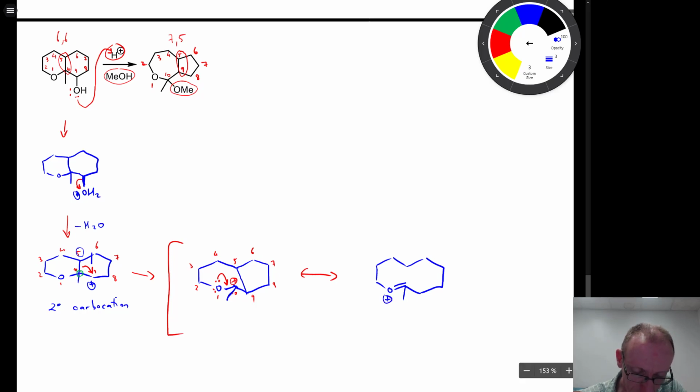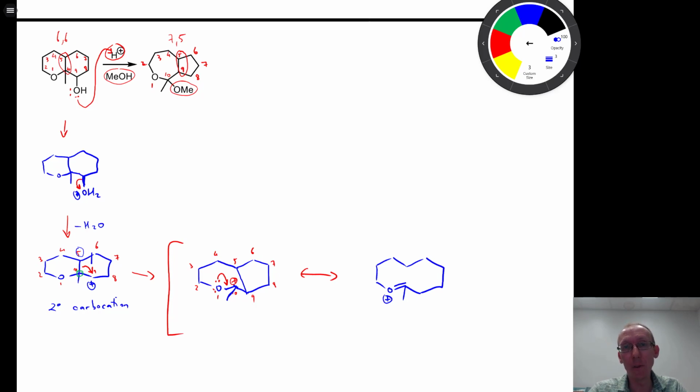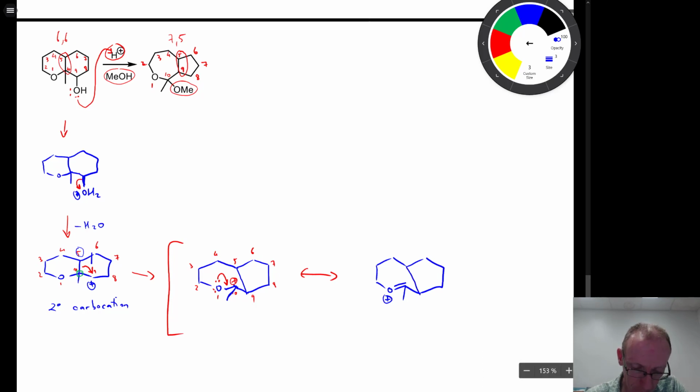And there's our positive charge, because we've taken a lone pair of electrons on the oxygen and moved them to be shared in a bond with that carbon. So now it has a formal positive charge. And then we've got that bond there between the 5 and the 9 positions. Okay, so there's our other resonance form.